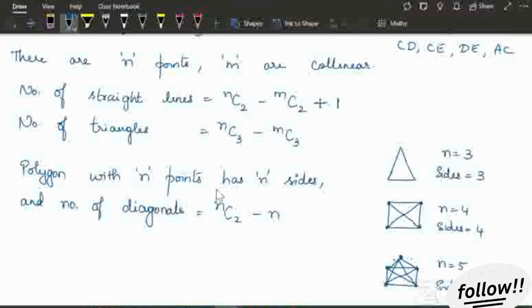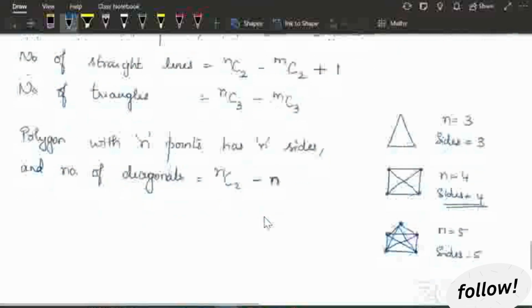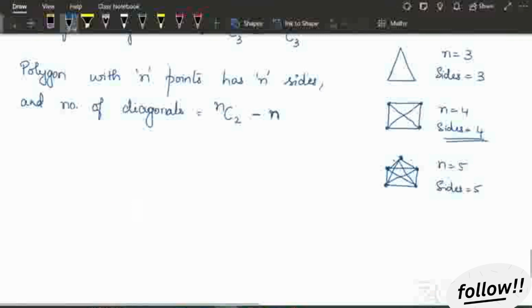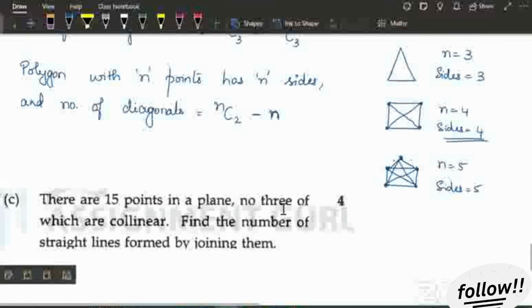In this NC2 straight lines, there are n sides. Those are not diagonals, those are outer sides that define the boundary of the polygon. All the lines that are inside that boundary are called diagonals. So I am subtracting n, and whatever remains is the number of diagonals. This is a different type of question that you can get under the points category. Now we will solve the question that we have copied.